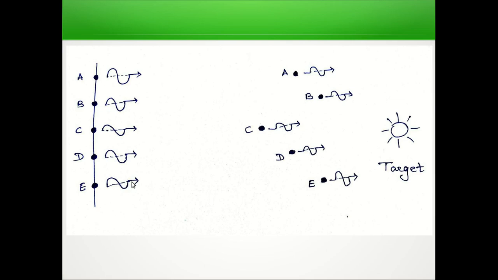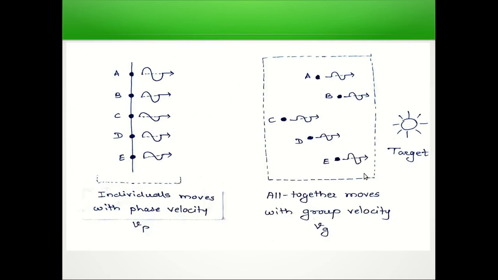Whereas when these waves travel all together, the combined velocity of this whole assembly, we call it the group velocity.